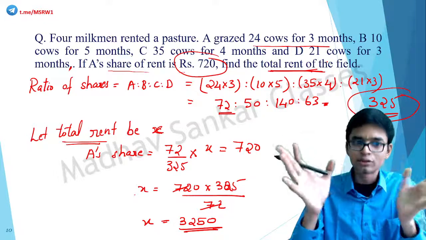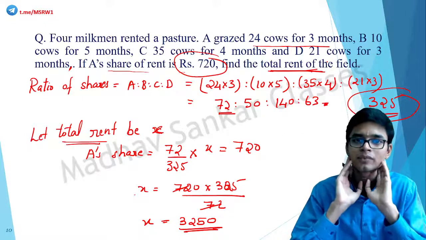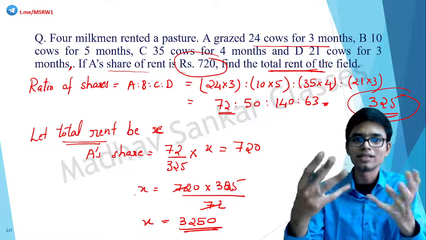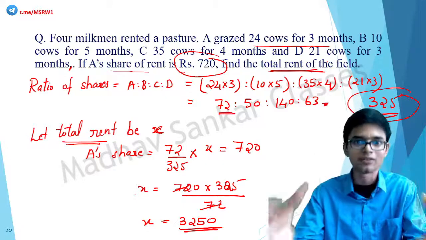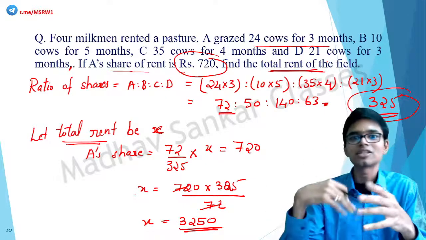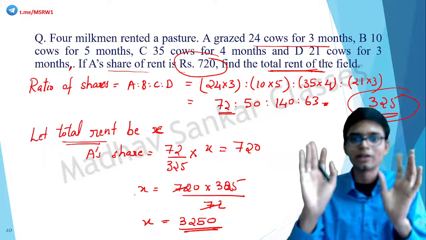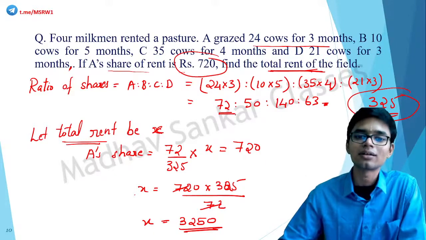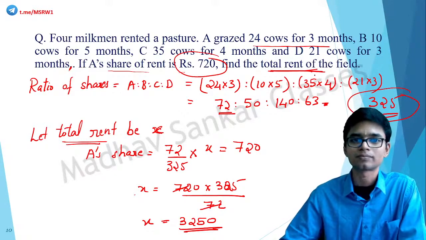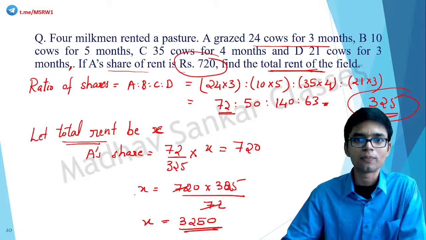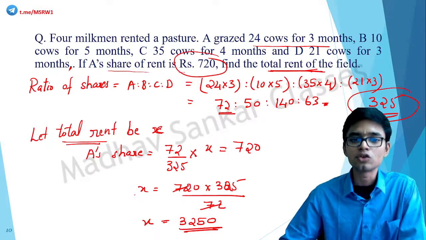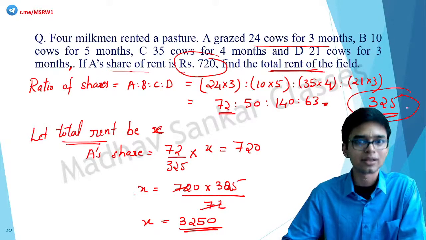Put everything into the ratio of shares correctly, and then we are reverse engineering. Here the rent of A is given, so from that we have to construct the final rent. In order to do that, all you have to do is correctly identify the ratios. Once you find these ratios correctly and find the total number of parts, we can easily find 72 out of the 325 parts.